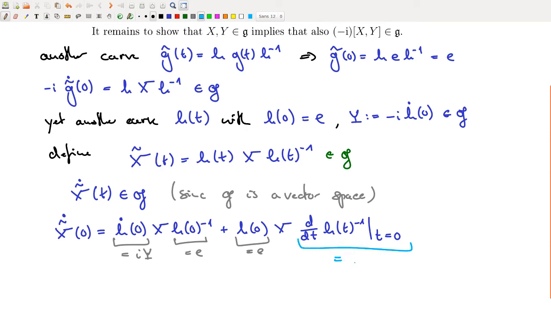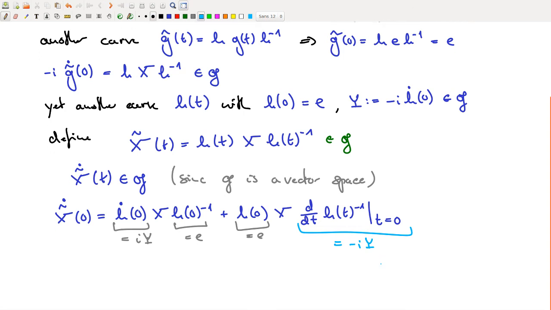I claim that this is actually minus i Y. This is true since we can consider h of t inverse times h of t, which is the identity everywhere. So if we take the derivative, sorry, that's not the identity, it's 0, but with the product rule we see that one derivative is minus the other derivative.